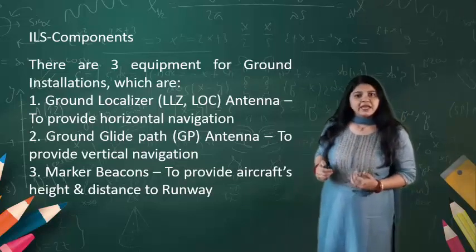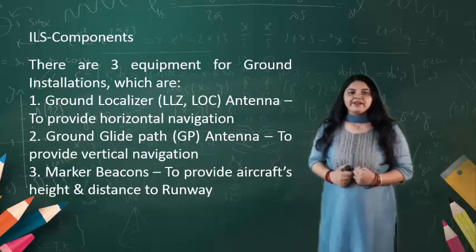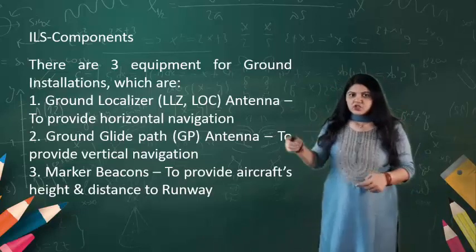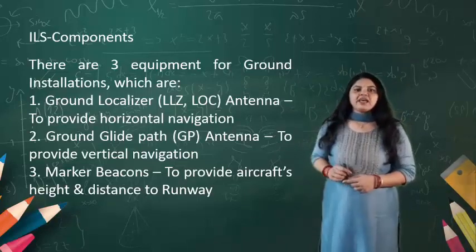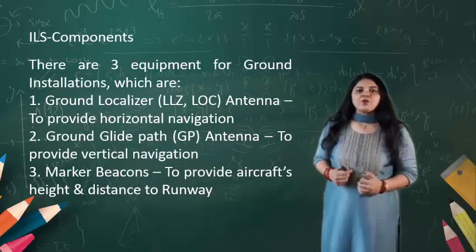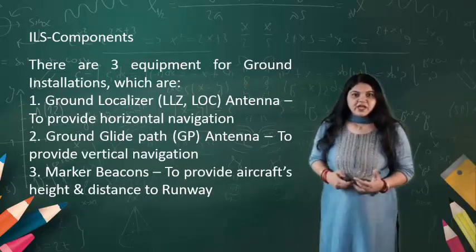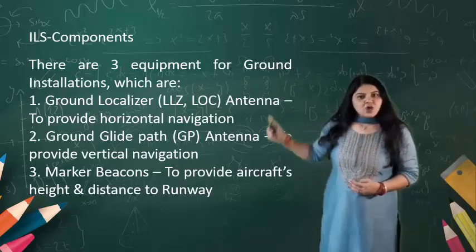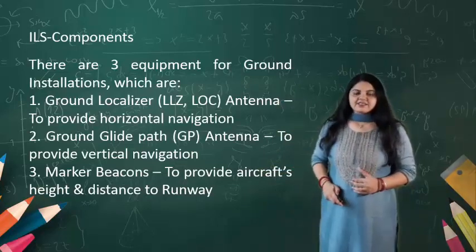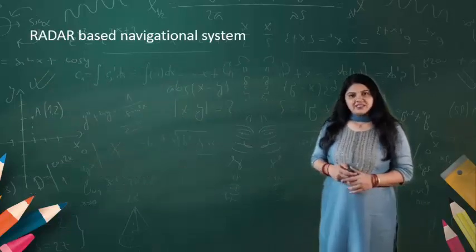Then the second component is the ground glide path antenna, which provides the vertical navigation. And the marker beacons provide the aircraft height and distance to the runway. So all three components make the ILS system complete.